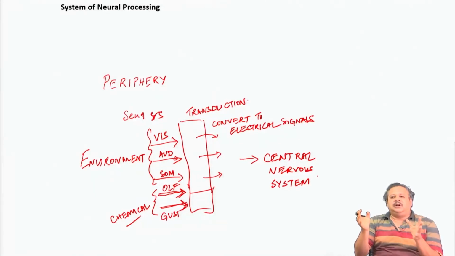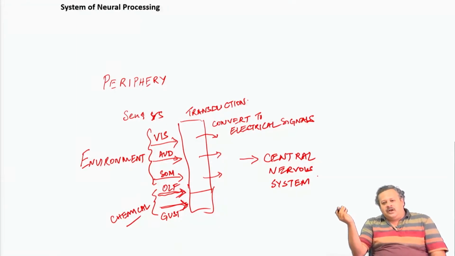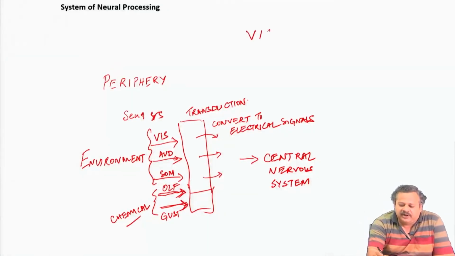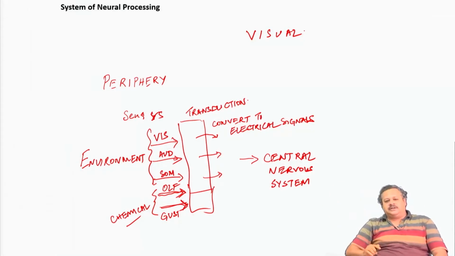We break down the entire sensory stimulus into some very small elements. For example, in the visual system, this breaking down is into spots of light in the visual space in front of us.